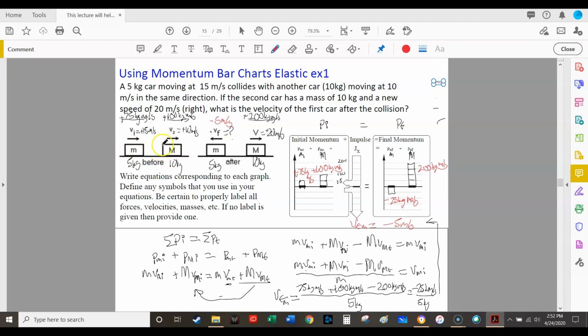If there's no picture given, you draw it. Then on your labels, make sure you label it appropriately. Establish a coordinate system. To the right is positive, to the left is negative. Then fill in your knowns and fill in your unknowns. Put a question mark next to that. Create a momentum bar chart.